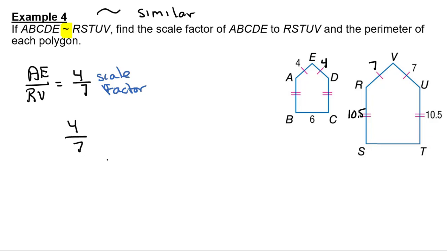4 is to 7. Notice in this example, I went smaller to larger. It doesn't matter which direction you go, you just have to have the correct pieces on top. So I have the smaller one on top here. I need to find what DC is to UT, well, that's 10.5. I cross multiply.